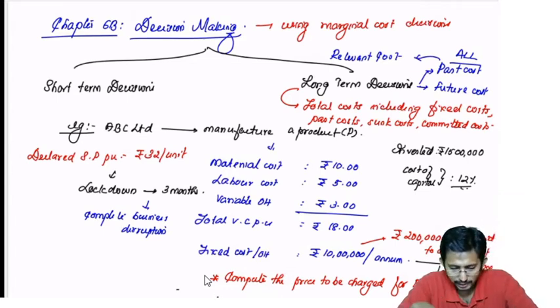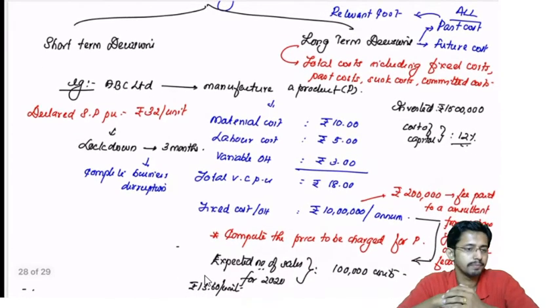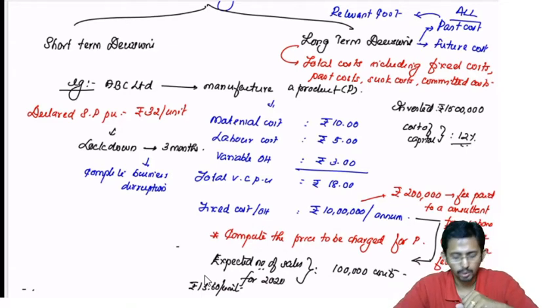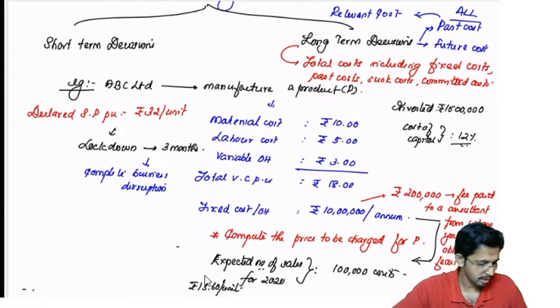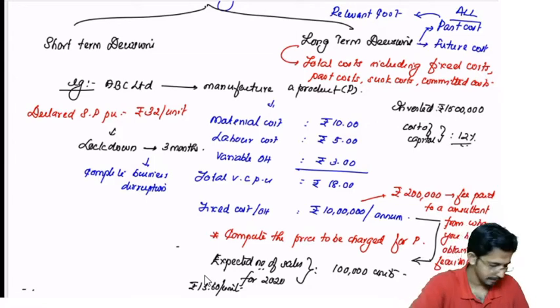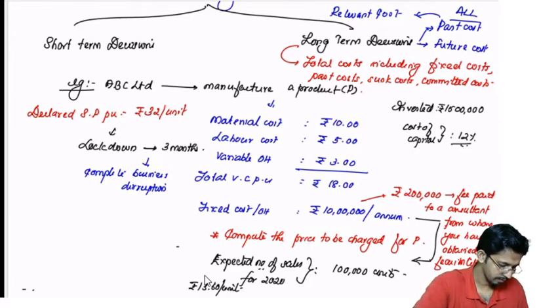You are expecting that you will be able to sell 1 lakh units in this year, but to sell this 1 lakh units right now in this COVID is very difficult. This 1 lakh is for how many months? 12 months, which means for 3 months you will have to sell how much?